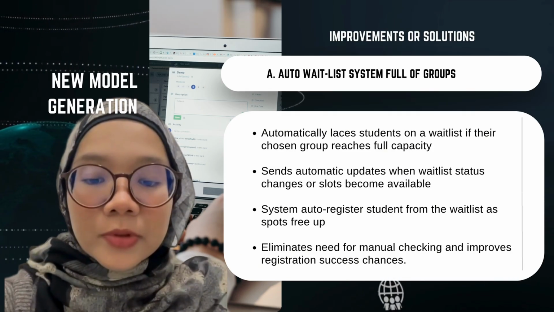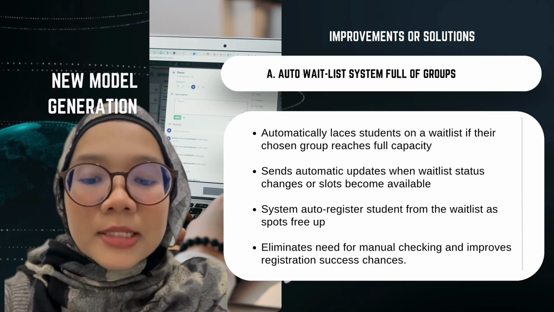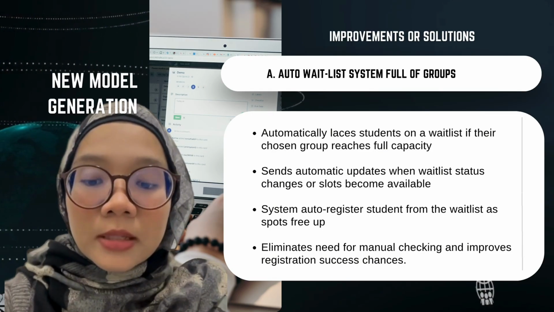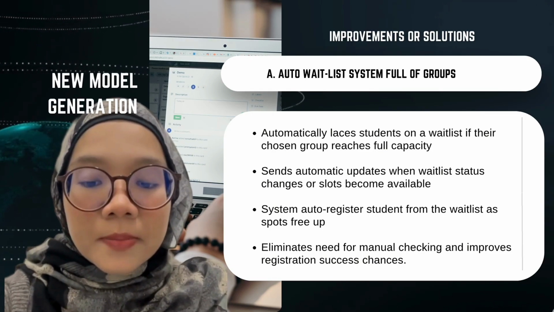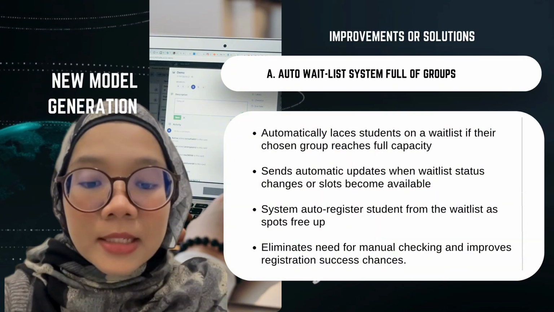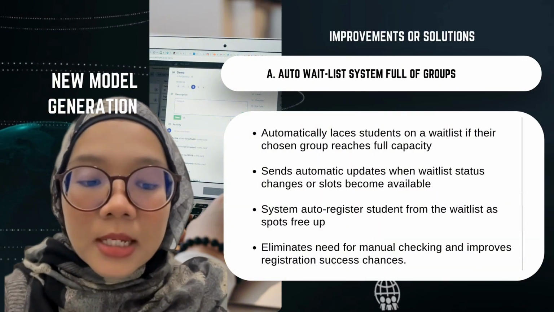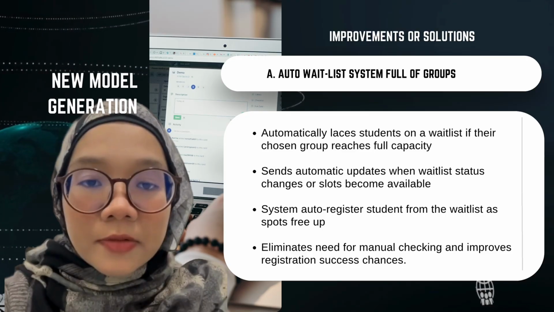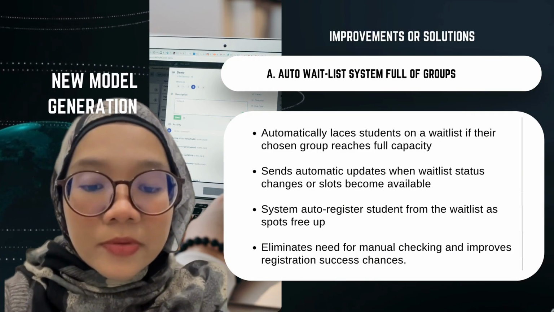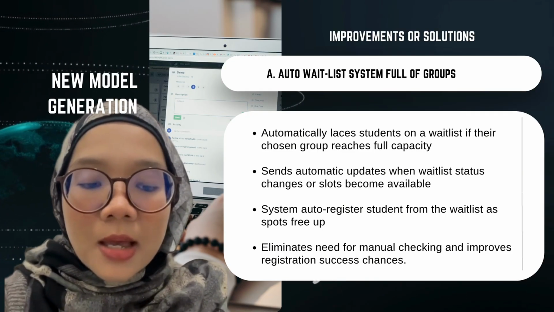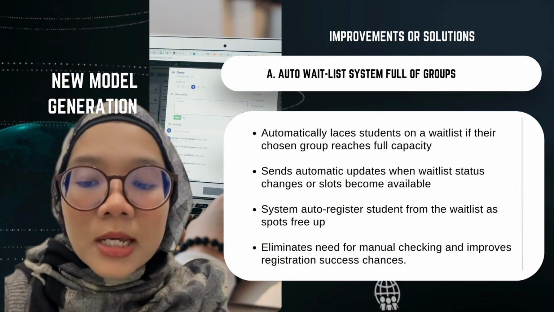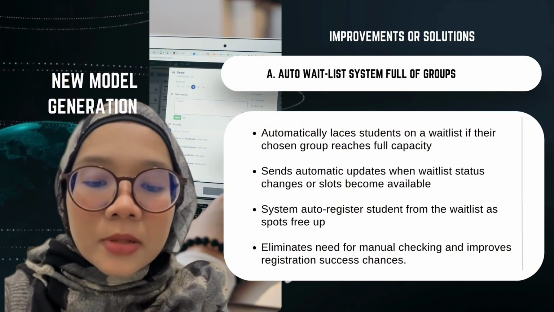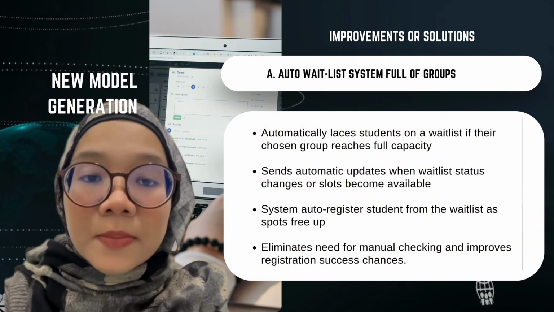Now, we move to the key features of the new registration model. The proposed system includes several important improvements. These are designed to reduce user frustration and improve registration success. Below are the four core features along with examples of how each one will work in practice.